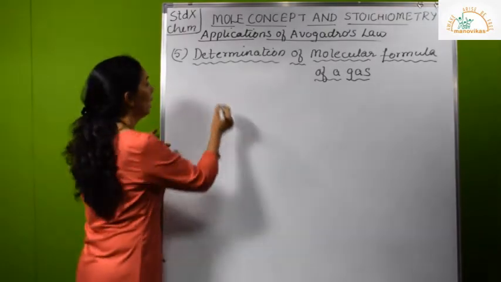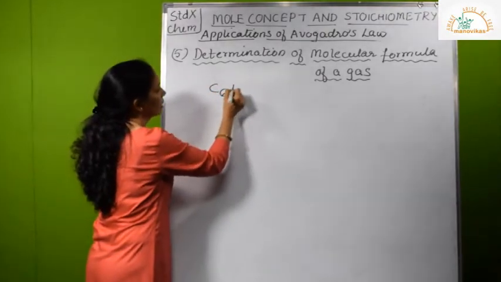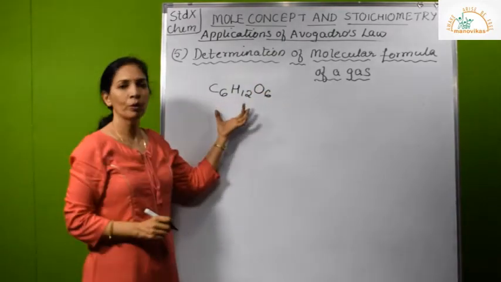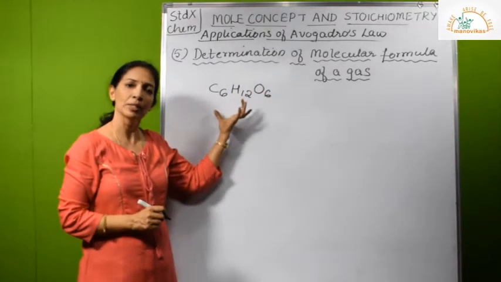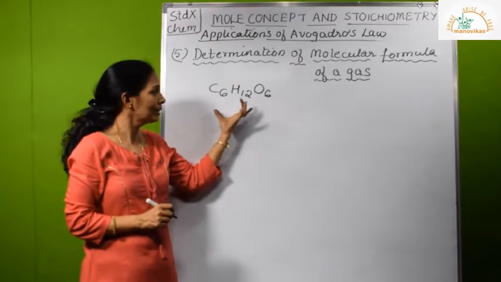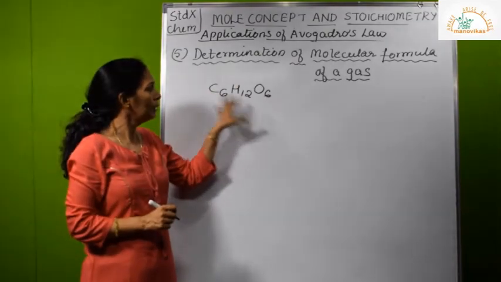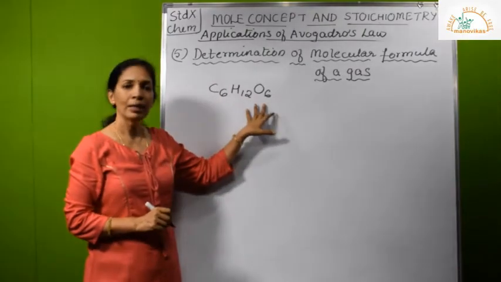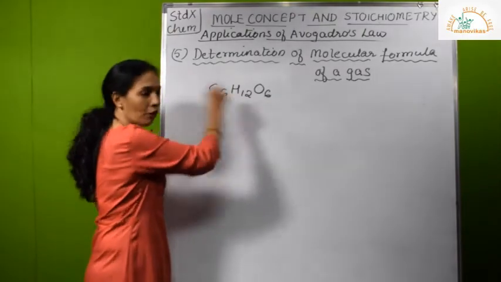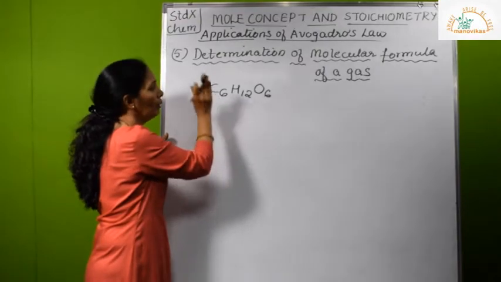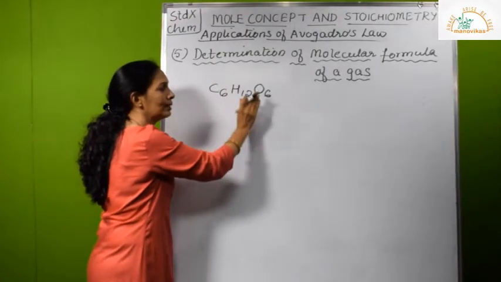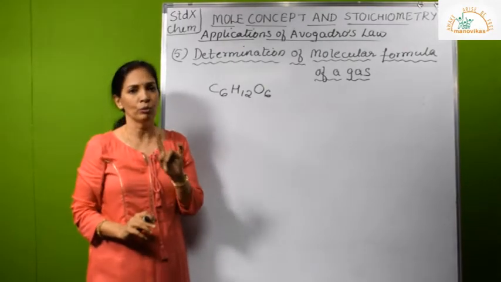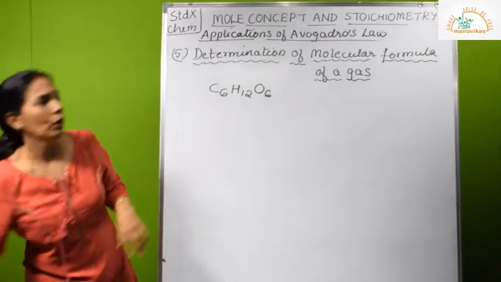For example, if I write C6H12O6, it's a chemical formula of glucose. So this is molecular formula of glucose, which tells that different elements, carbon, hydrogen and oxygen, number of different elements present in one molecule of glucose. 6 atoms of carbon, 12 atoms of hydrogen and 6 atoms of oxygen are present in one molecule of glucose. So this is what molecular formula.